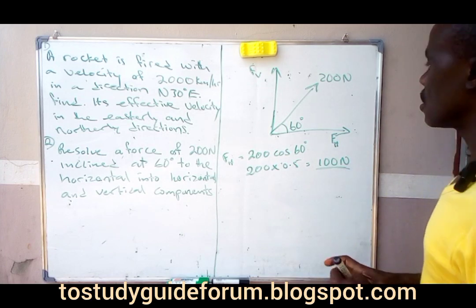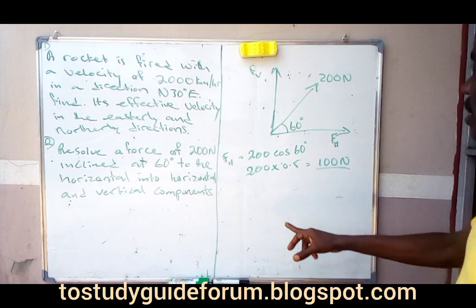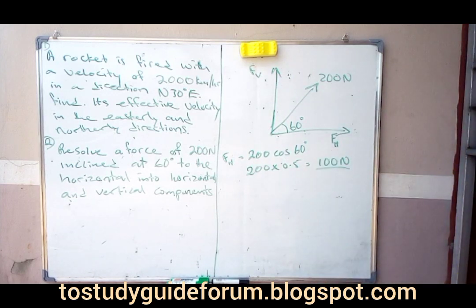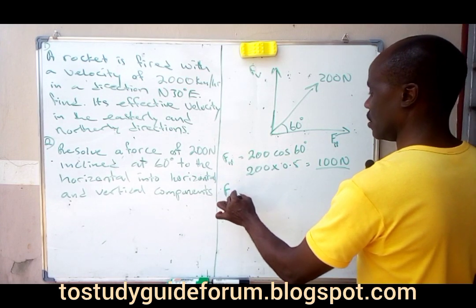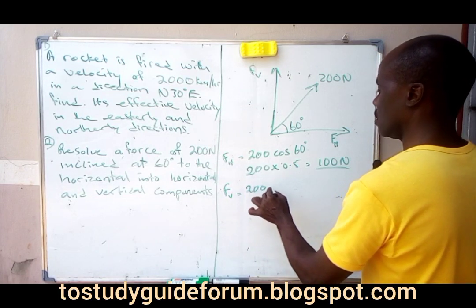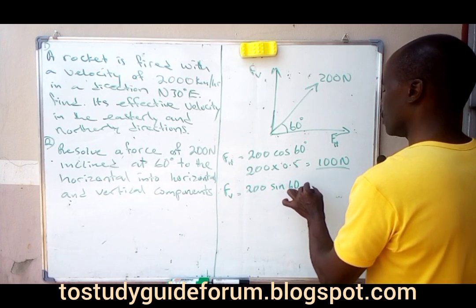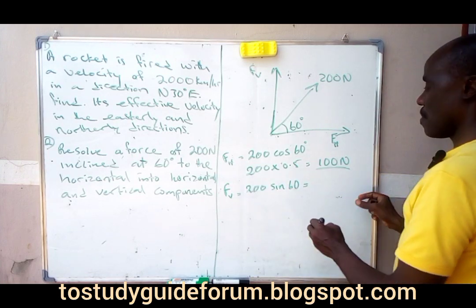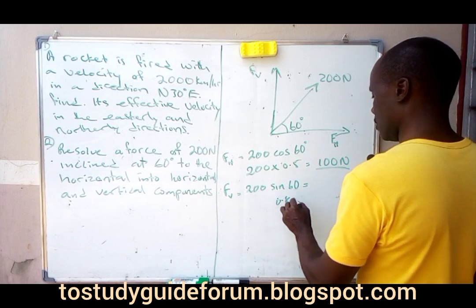That's for this. Now the second one we have here is to find the vertical component of this force. The vertical component FV will then be 200 sine 60. I think we have done something like that before.